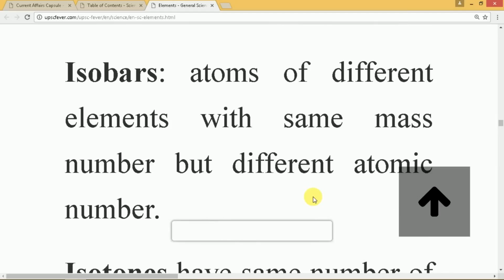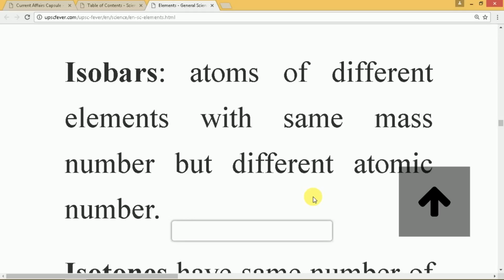Isobars have different atomic number, but the same mass number. So the number of protons and neutrons combined are equal in isobars, that is why their atomic weight is equal, but they have different number of protons, and so their atomic number is different, and so is their chemical property.